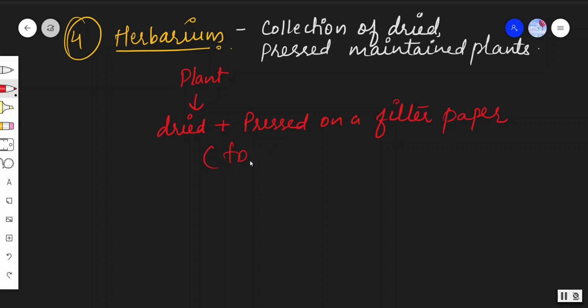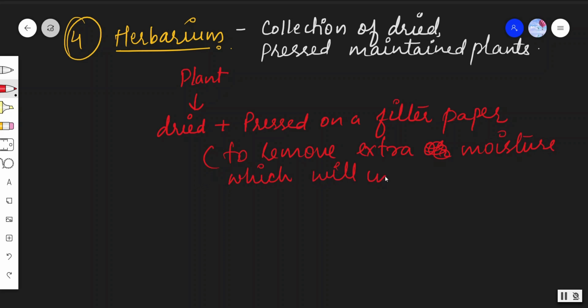Why? To remove extra moisture which in future will allow or help in the growth of fungi.